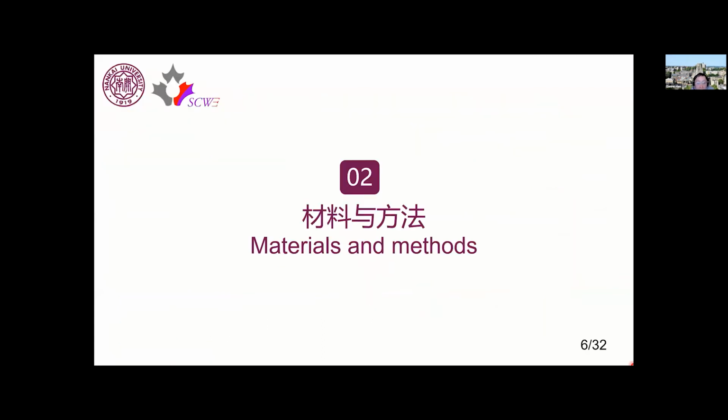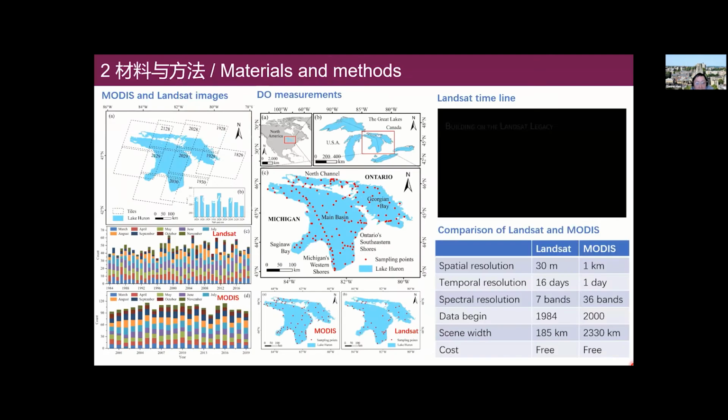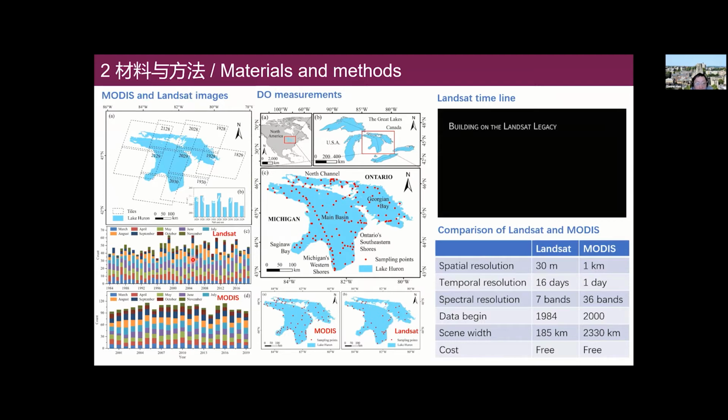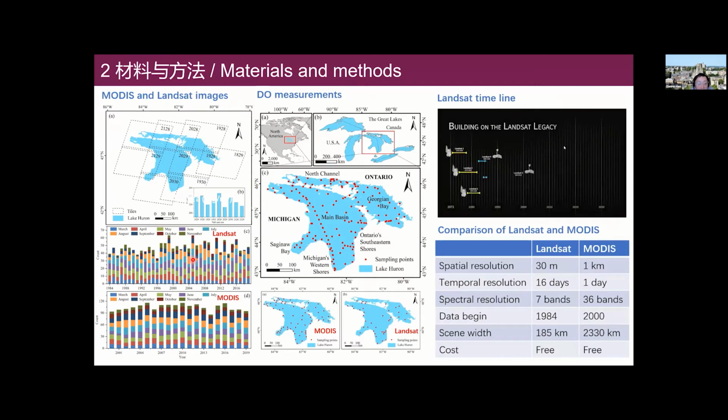And the second part is the materials and methods. In order to generate time continuous satellite data and reduce the errors caused by different sensors, Landsat 5 TM, 7 ETM+ and 8 OLI images from 1982 to 2019 were selected as the data source, and the dark spectrum fitting algorithm integrated into ACOLITE was employed for atmospheric correction.